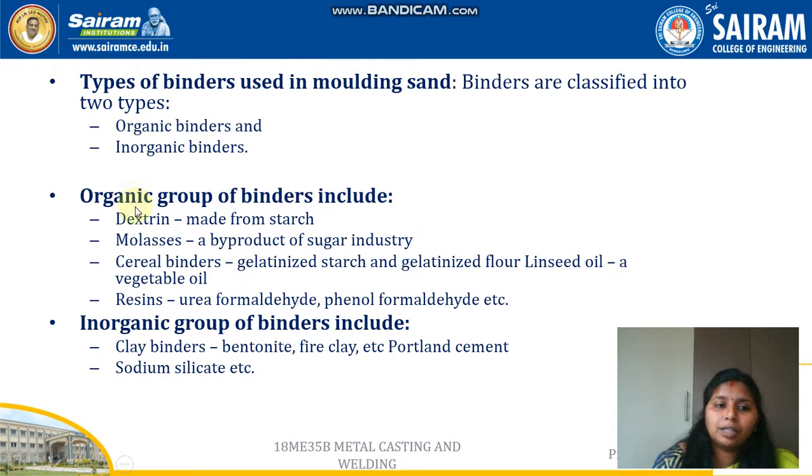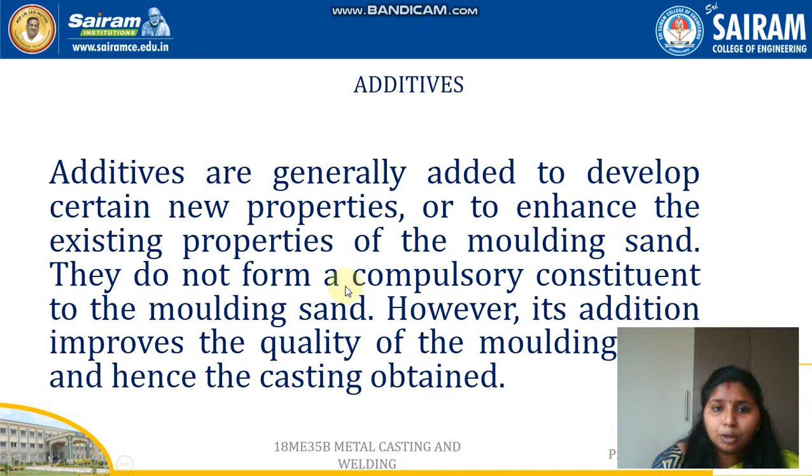The organic binders include dextrin, which is made from starch, molasses, a byproduct of the sugar industry, cereal binders, gelatinized starch and gelatinized flour, linseed oil, a vegetable oil, and resins such as urea formaldehyde and phenol formaldehyde. Whereas the inorganic binders include clay binders, bentonite, fire clay, Portland cement, and sodium silicate. These are some of the types of binders used.